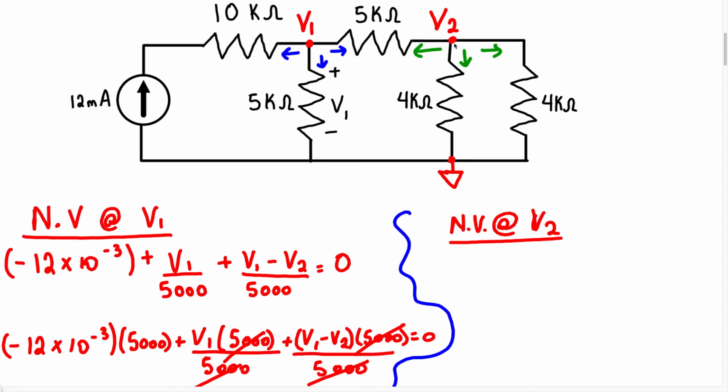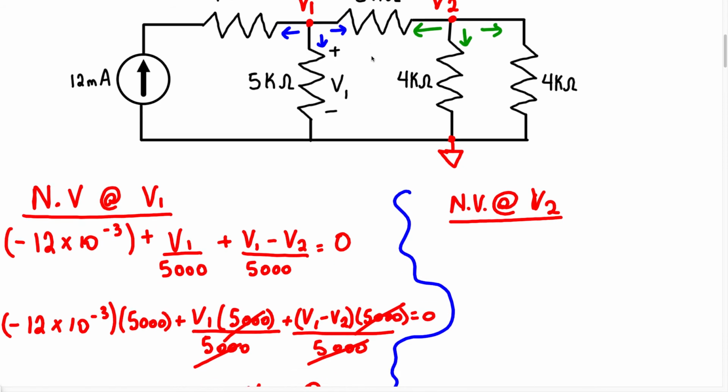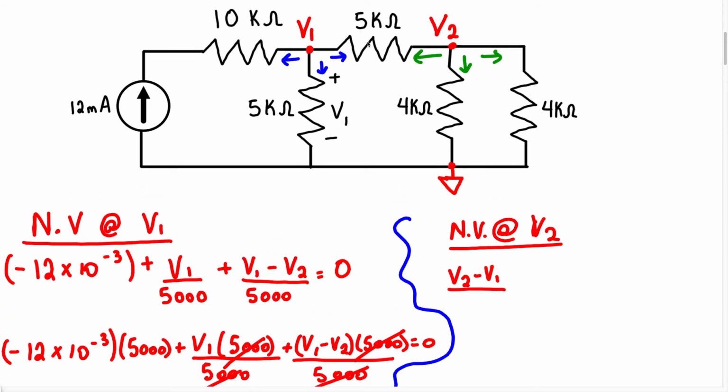So the current leaving the node going in this direction is going to be V2, which is the voltage at node 2, minus the voltage at node 1, divided by the resistance, which is 5,000. So that's going to give you the current flowing this way.